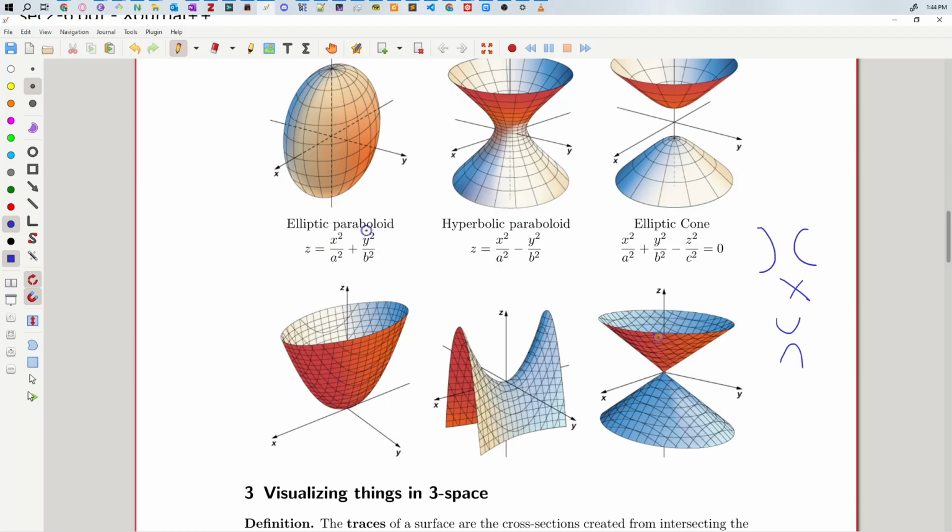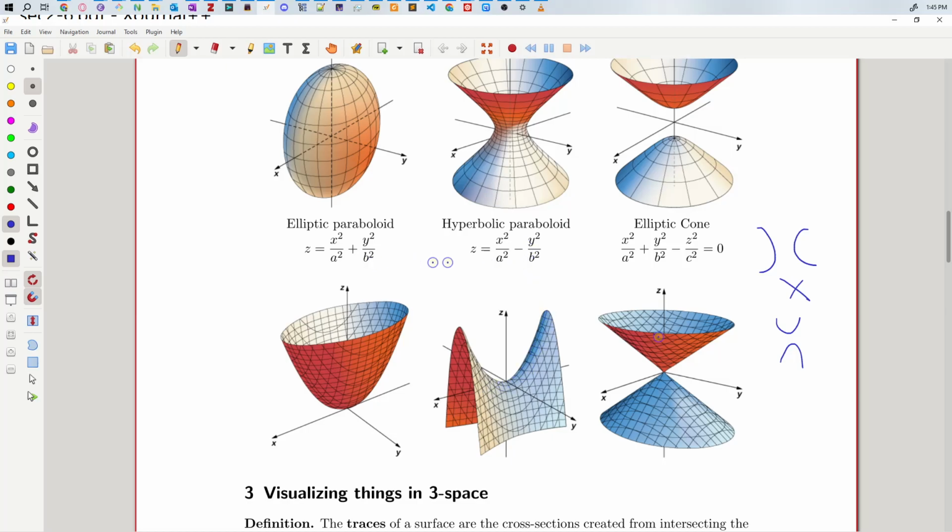So it's an elliptic paraboloid. Whereas here, if we intersect with the xy plane, we would get hyperbolas. And if we intersect with the xz and the yz planes, we would get parabolas. So this is a hyperbolic paraboloid.